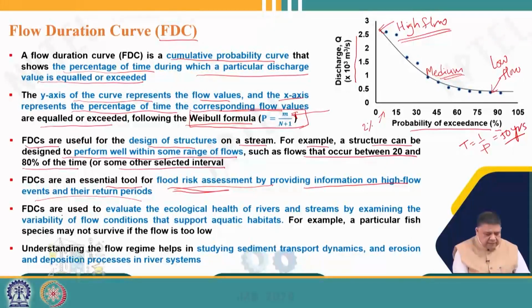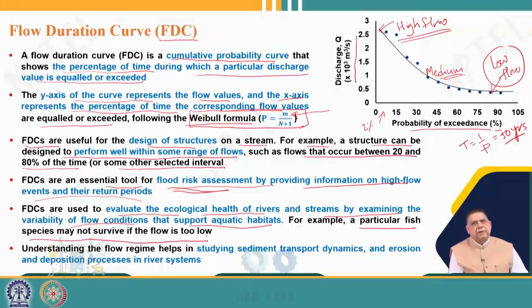Then they are also used to evaluate ecological health of rivers and streams by examining the variety of flow conditions that support aquatic habitat. So, that is talking more about the low flow conditions. For example, a particular fish species may not survive if the flow is too low.